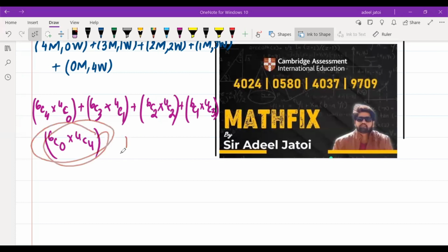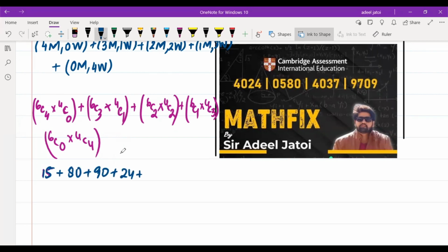So we can write down 15 plus 80 plus 90 plus 24 plus 1. If we sum up everything, when we are solving separately, the answer will remain the same. That was 210, and this represented 10C4. So 10C4 is also 210, and when we solve this separately, we got this as 210 again.